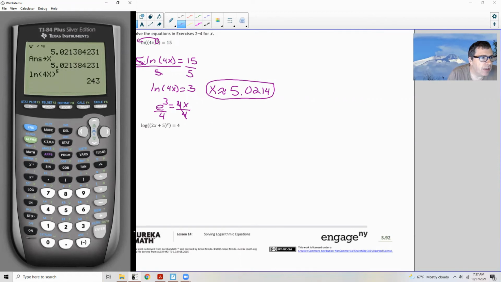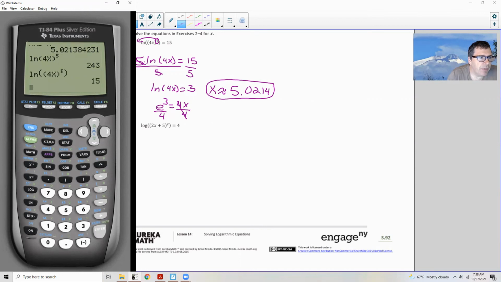Okay, what did I do wrong? Not enough parentheses. Second, insert a parenthesis there, and put another parenthesis out here. Maybe that'll make a difference.